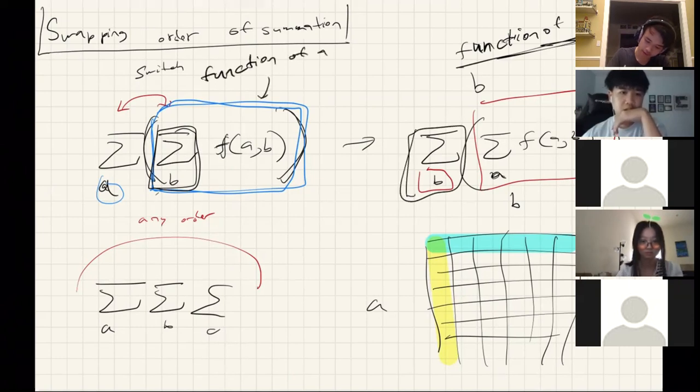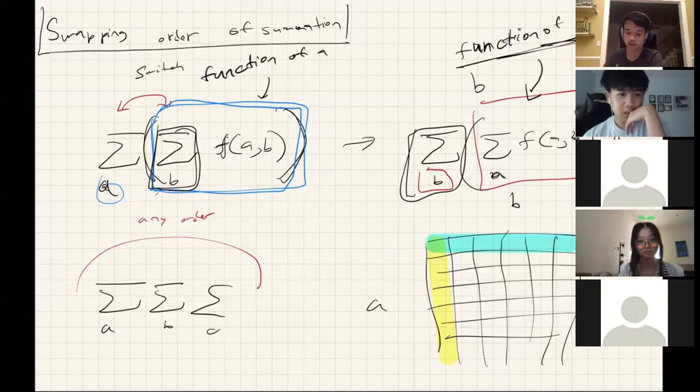So treat this as a function of a, function of b. The idea is that you can swap the order in which you sum this particular nested summation. And one way I like to think about it is through one of these grid things, right?